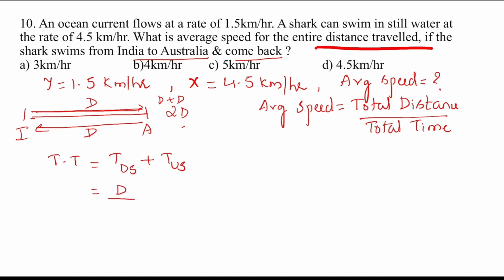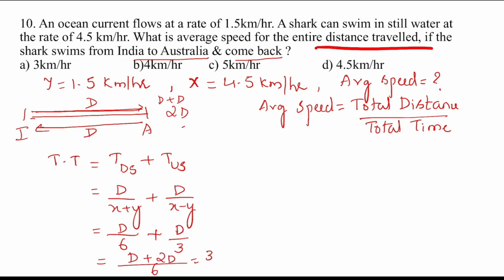So distance is D. Downstream speed is given by X plus Y, and upstream speed is X minus Y. So D divided by X plus Y, which is 1.5 plus 4.5 is 6, plus D divided by X minus Y, which is 4.5 minus 1.5, how much? It is 3. Taking LCM as 6, it is D plus 2D, which is equal to 3D by 6. 3 ones are 3, 3 twos are 6, it is D by 2.